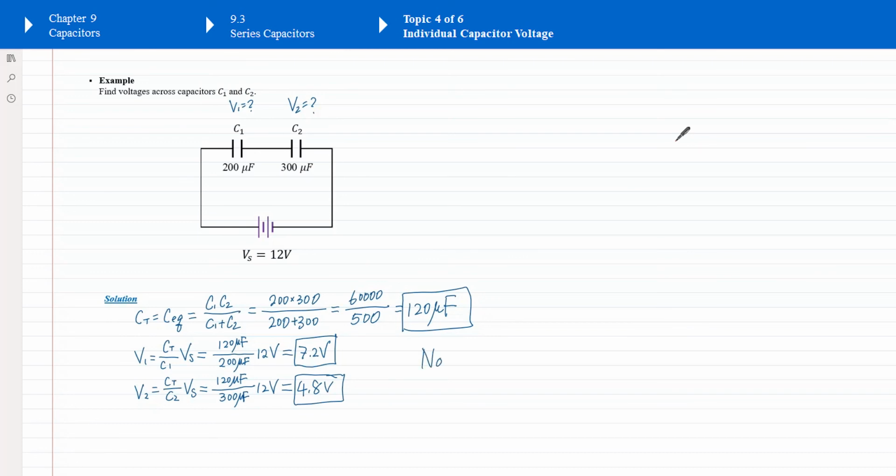Note here, if we add V1 to V2, we get 12 volt, which equals the total voltage drop on this capacitor system. So we have a different method to find V2.